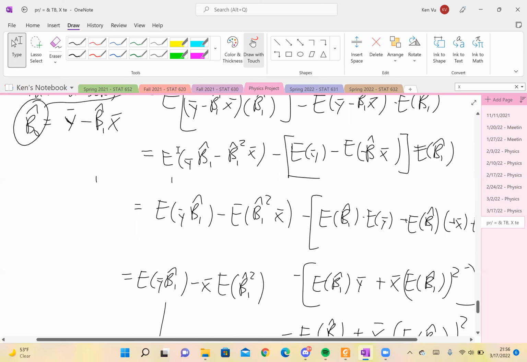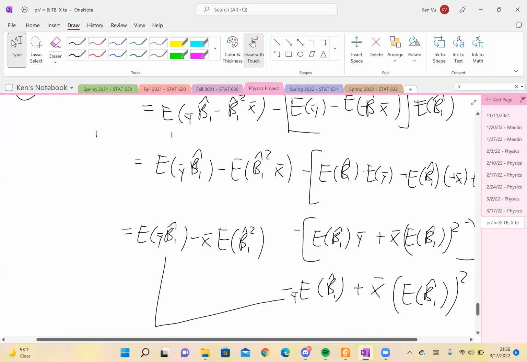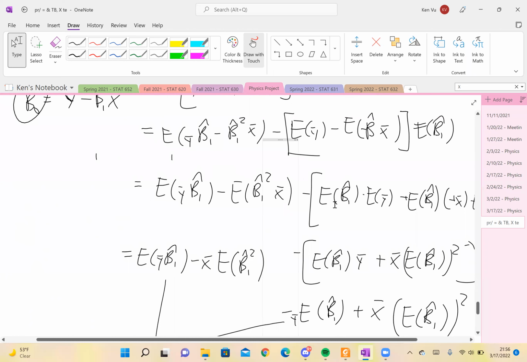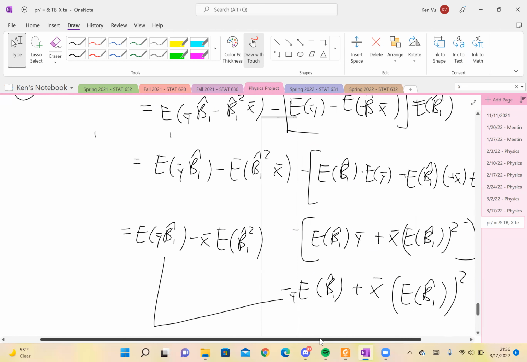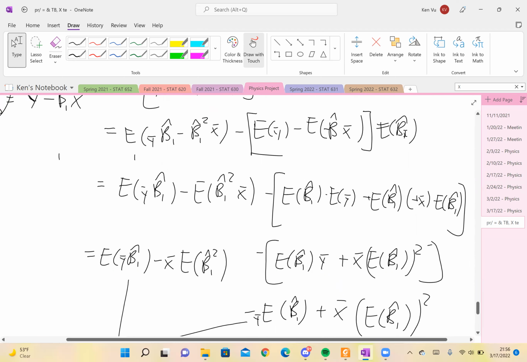Remember that y bar and x bar are constants, fixed numbers, so you can pull them out of the expectations. Then distribute this expectation of beta 1 hat onto each of these terms.